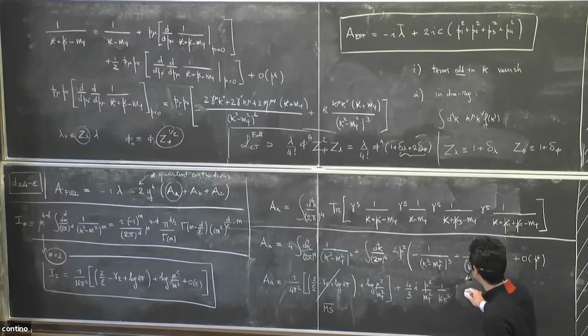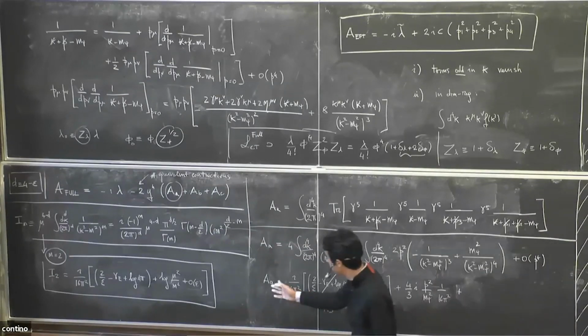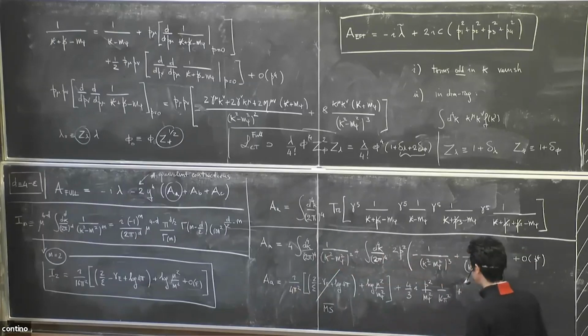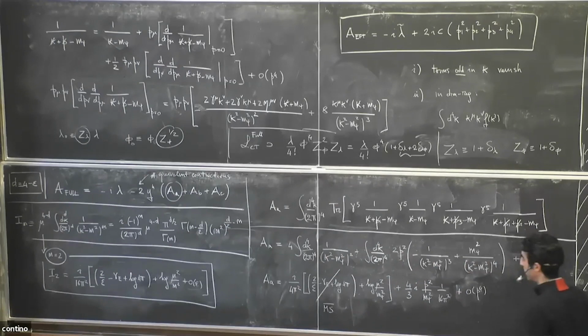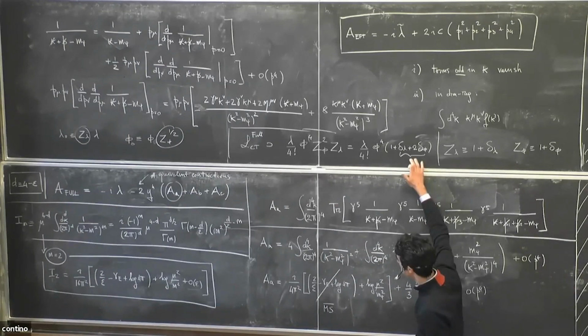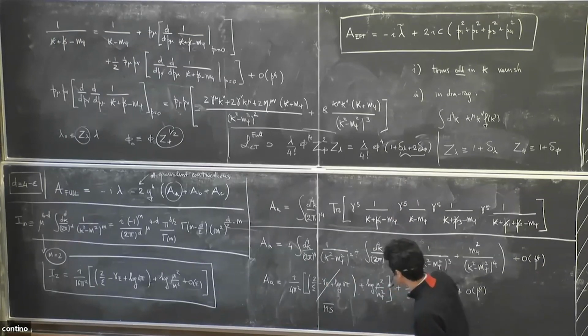Let me put these all together at the end, because in fact this is not the full amplitude, it is just the contribution of a diagram. So let me rewrite here order p to the 4th, and let's keep in mind that these counterterms will eventually cancel the divergence.